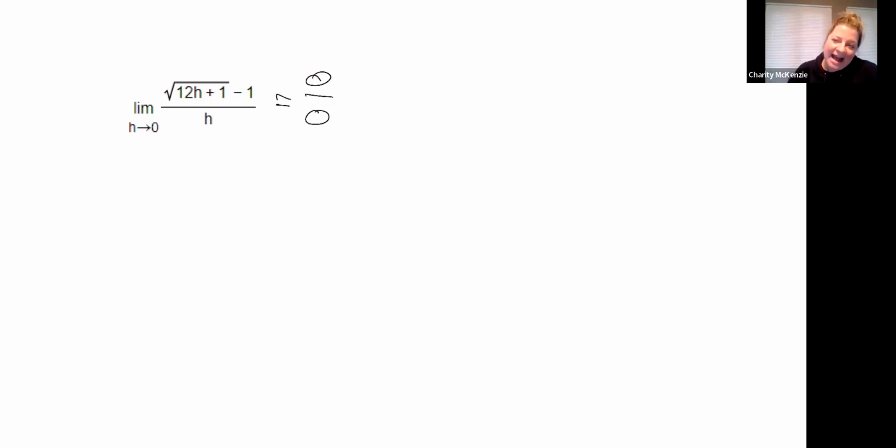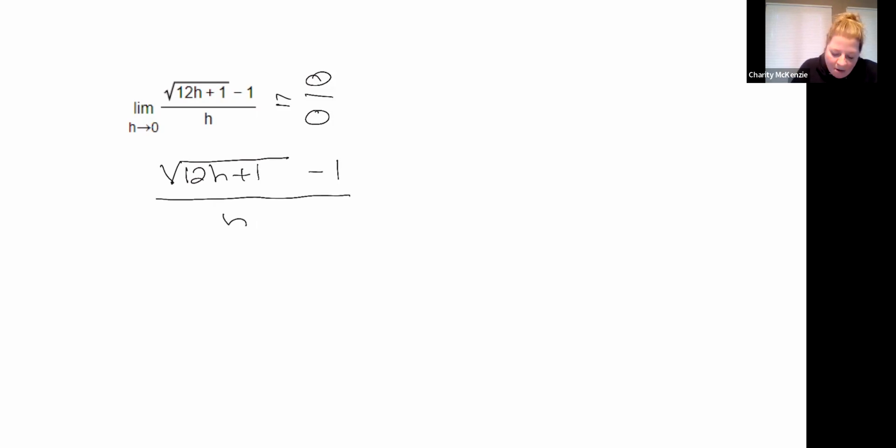So this one has to use the idea of rationalizing the denominator. And this time we're going to rationalize the numerator, which is very different. Well, it's done the same, but in algebra, we always called it rationalizing the denominator. So let's remind ourselves what that looks like. So the top right now is the square root of 12h plus 1 minus 1, and the bottom is just h.